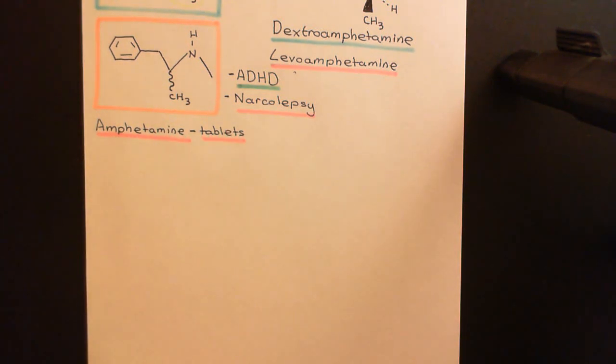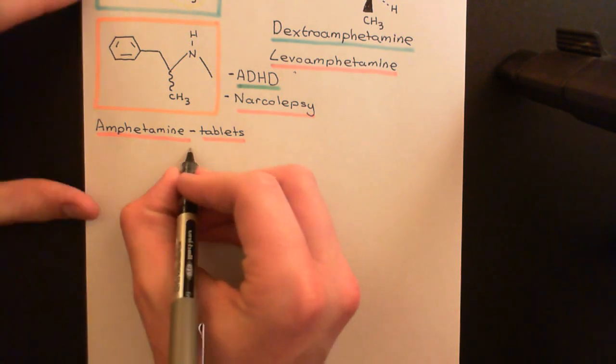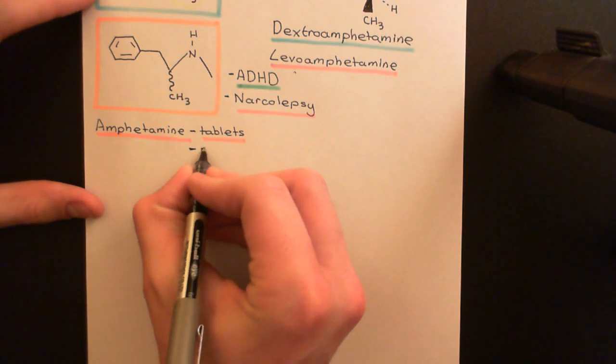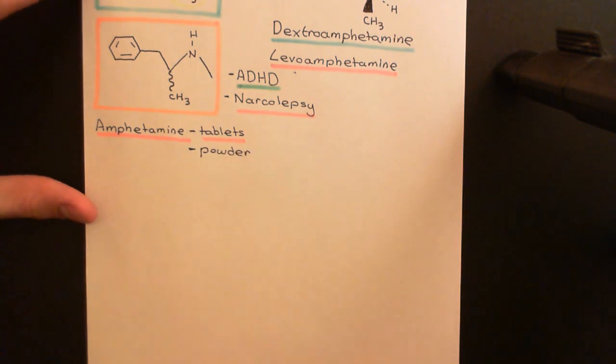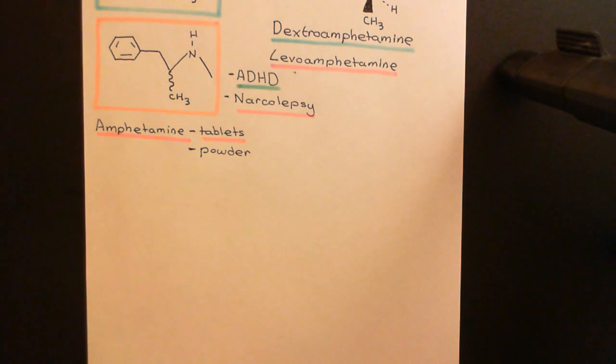And amphetamine and methamphetamine both have very good oral bioavailability. Okay, so they're very effectively absorbed from the gastrointestinal tract into the bloodstream. The other form that amphetamine can be purchased in is the powder form, and the way the powder form can then be administered is either you can dissolve it and then inject it into the bloodstream, so the amphetamine therefore directly gets into the bloodstream, so the bioavailability will therefore be 100%.